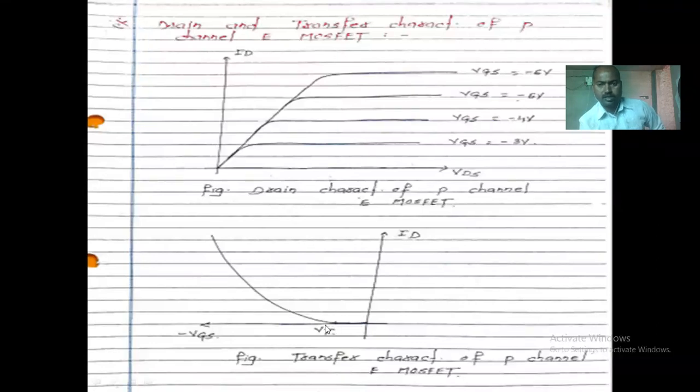Initially, consider we are applying zero VGS, so no current flows through the device. Increasing means more negative voltage. Here plus plus, here plus minus, so it is negative. As we increase the negative voltage, more and more current flows through the device.